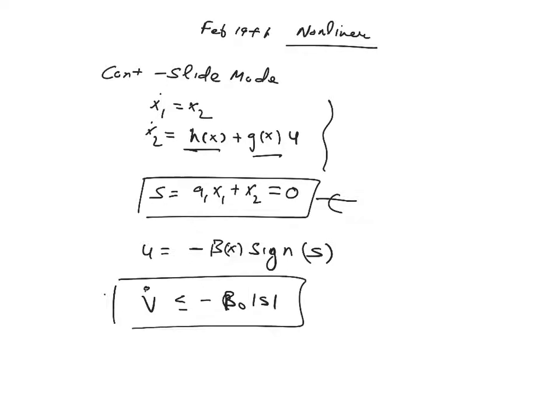So this controller basically guarantees that your s goes to 0. That means you reach the manifold, and then at the manifold you slide to 0. Okay, so that was the whole idea.